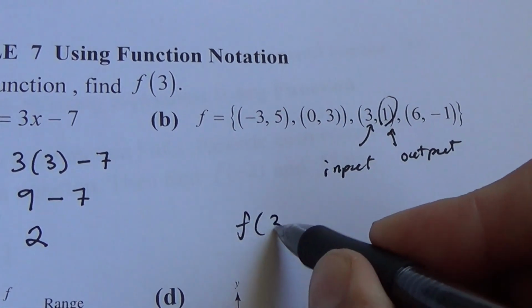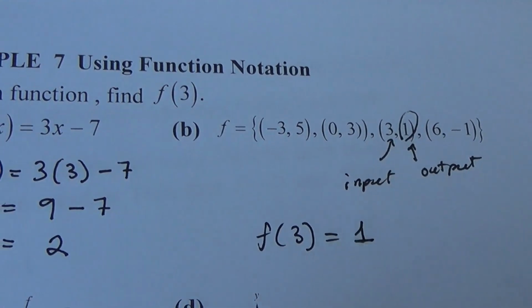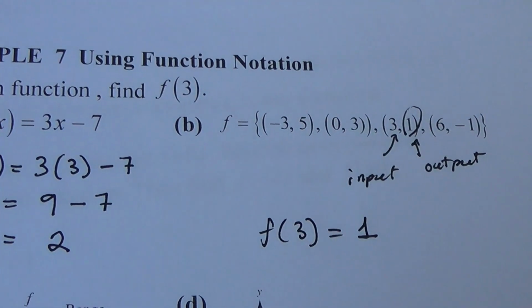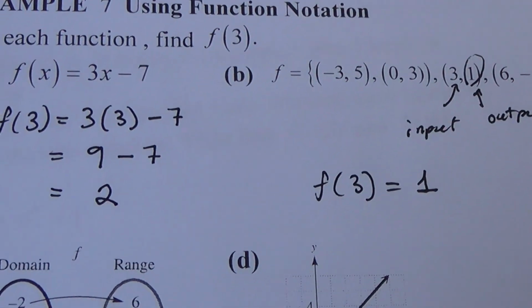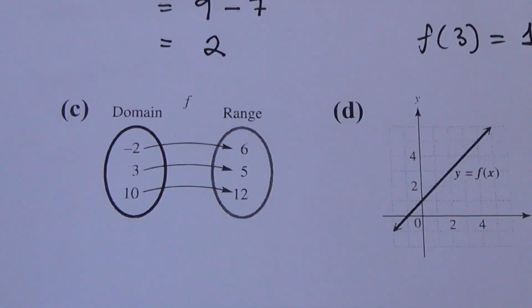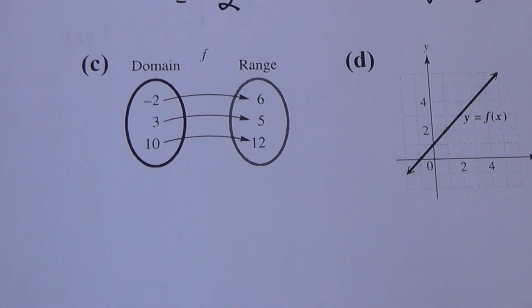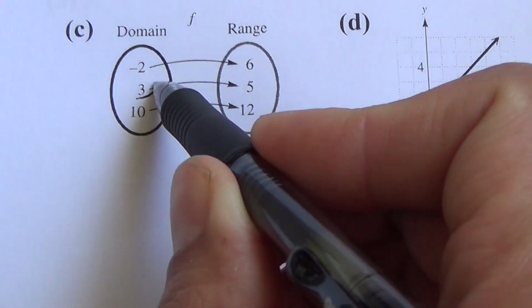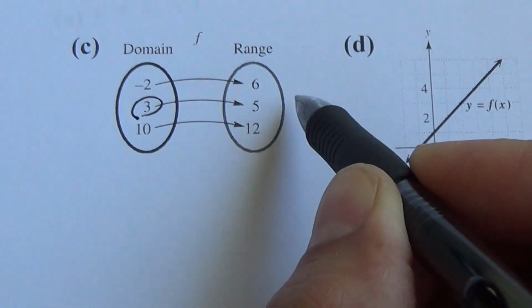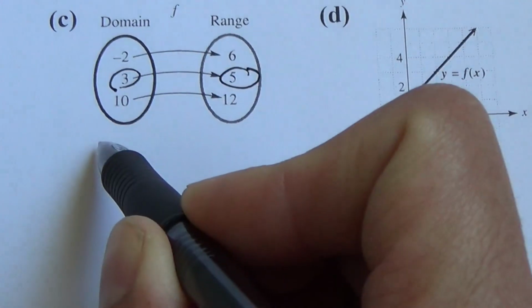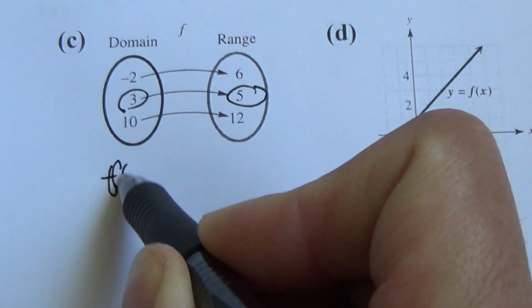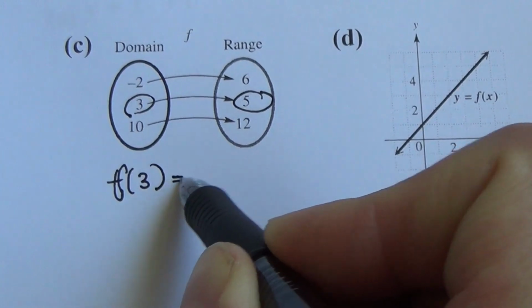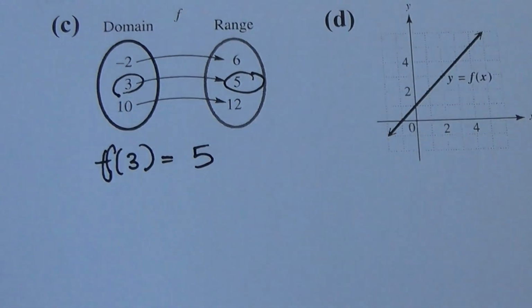So f of 3 is equal to 1. For part C, we know the input is 3 and the output is 5. So f of 3 is just 5.